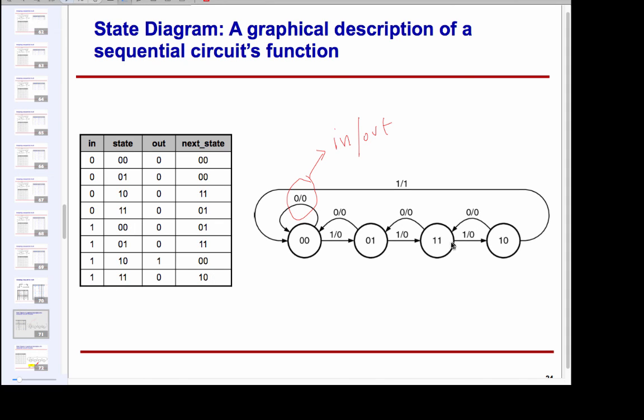So if input is 1 and I was in 1,1, the next state is 1,0. So each one of these edges can be derived from this table. Or vice versa, I can derive this table from such a graph. This graph is telling me how I am moving from one state to another state, and also what is the output that I am producing.